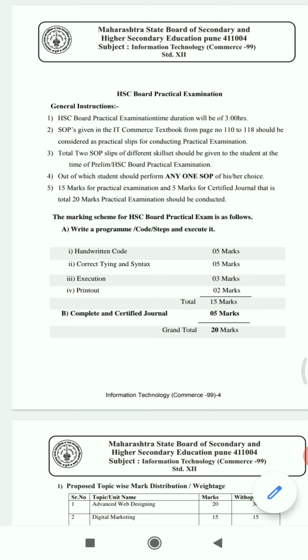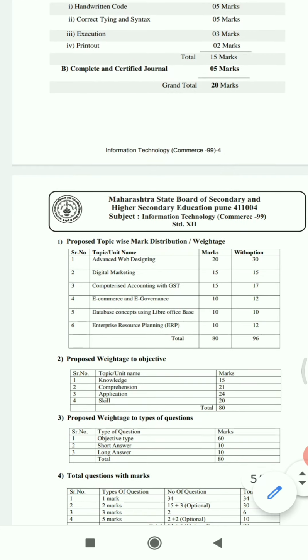This is how the 15 marks are given for the practical examination, and the remaining 5 marks will be given for the certified journal, which you will be writing throughout the year. So this is how the 20 marks practical examination will be conducted.